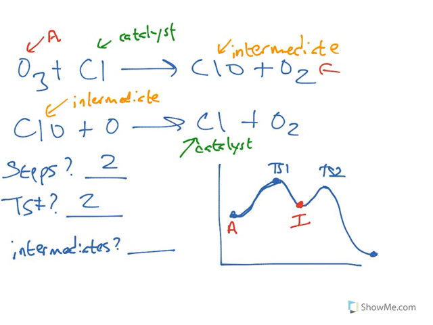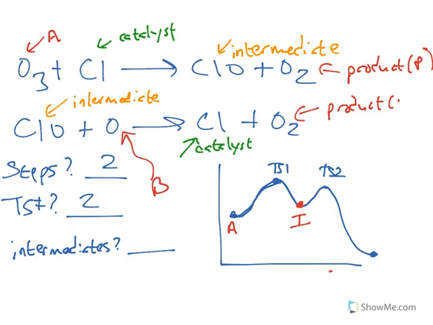Well, that's a product. We'll call it P. O, that is a reactant. We'll call it B. And this guy is also a product. We'll call it P.